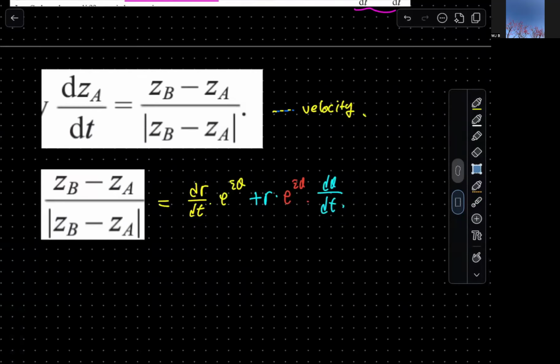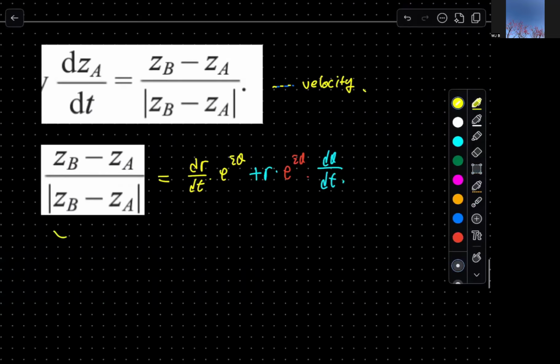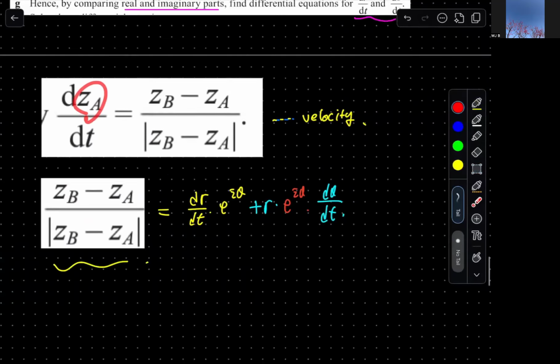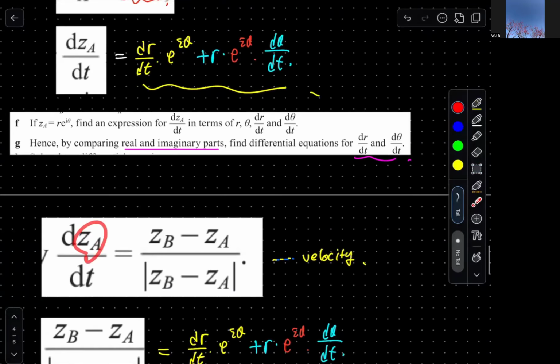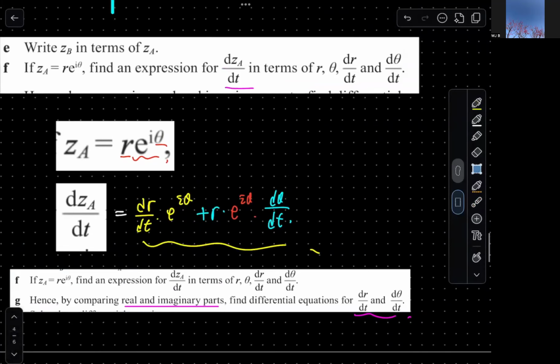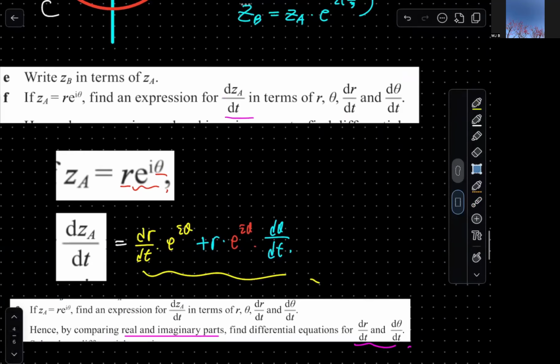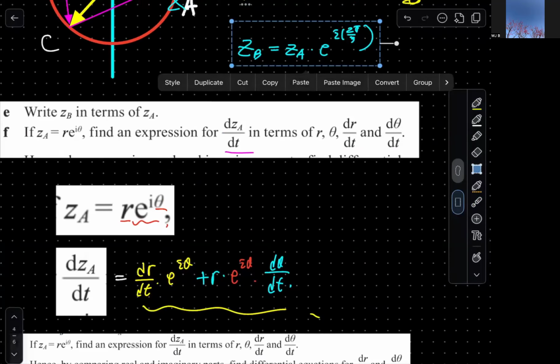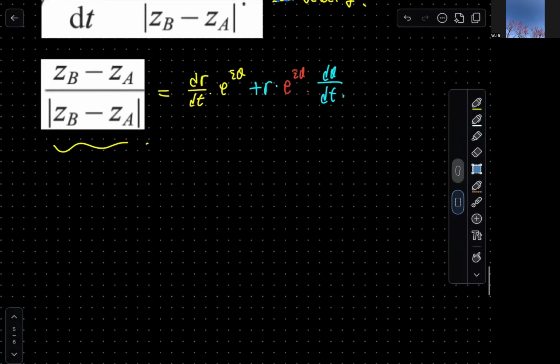However, right now I don't like the left-hand side too much because there are too many variables going on. What we are trying to pin down is the expression of the complex number A, the positional vector for the complex number A. So we use the previous answer from part E, where ZB is just a rotated vector from ZA.